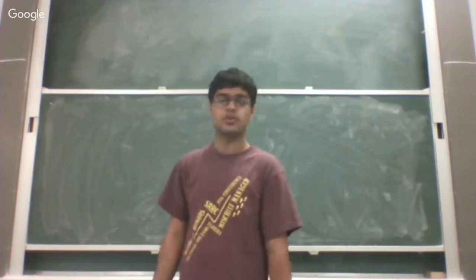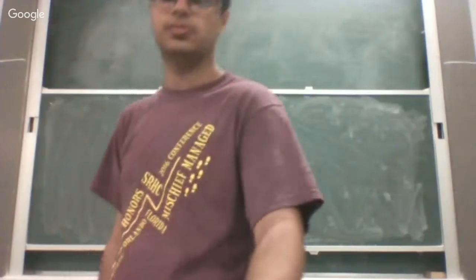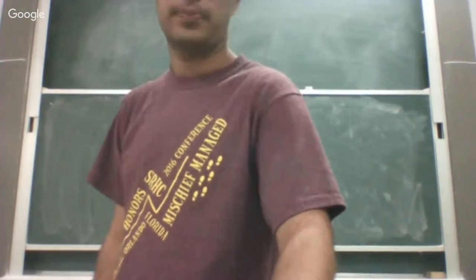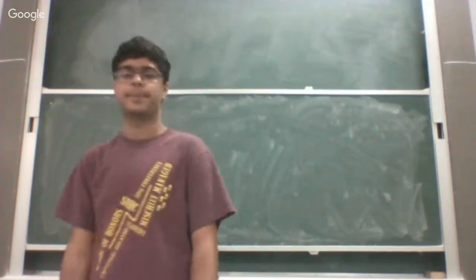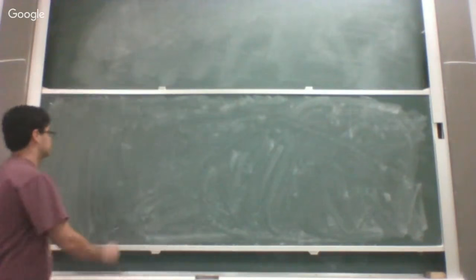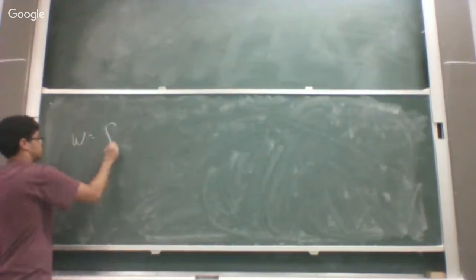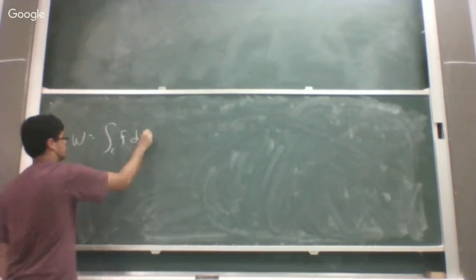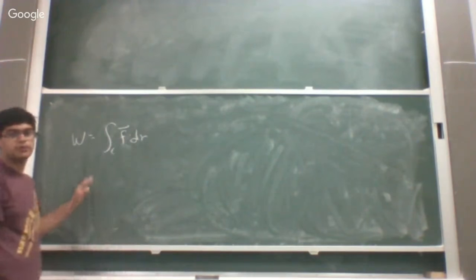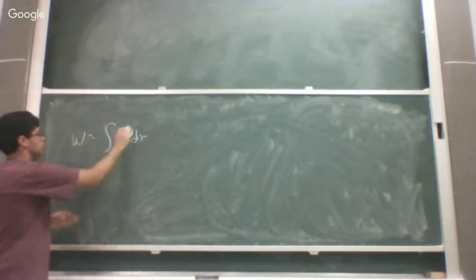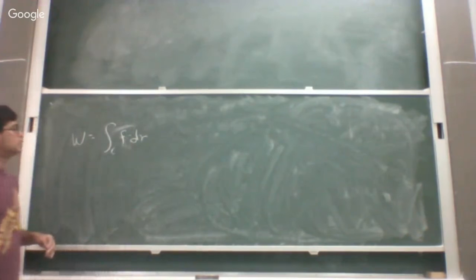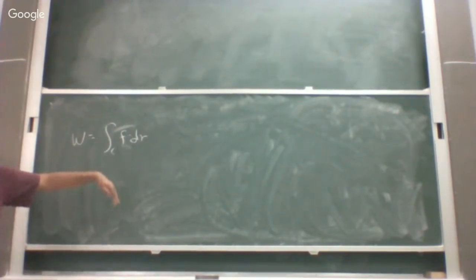But overall, in general, the work is equal to the integral over C of F dot dr. So that's the formula for work, right? The C here means every single curve.